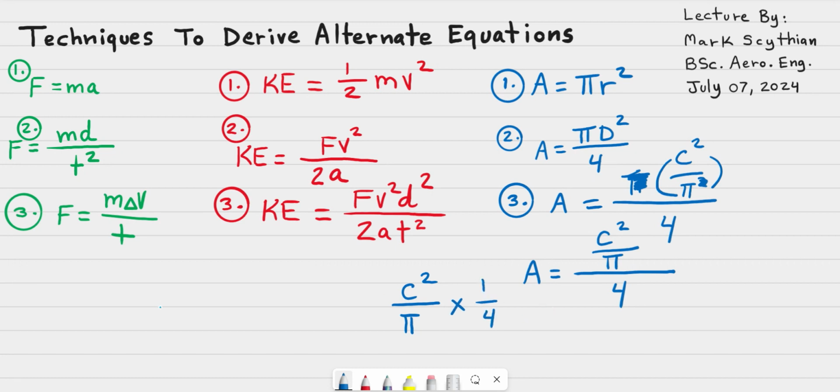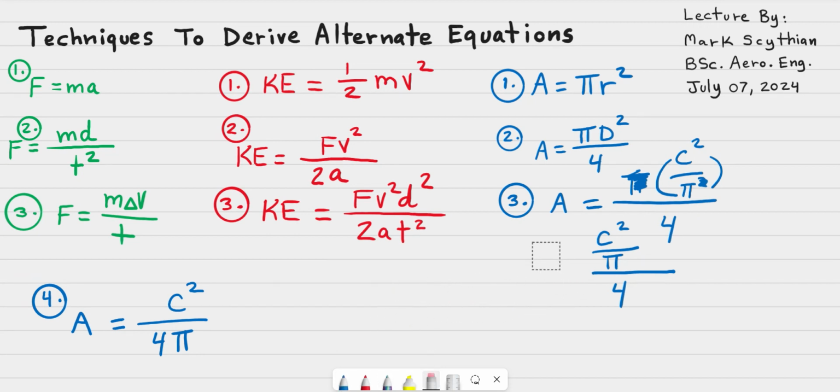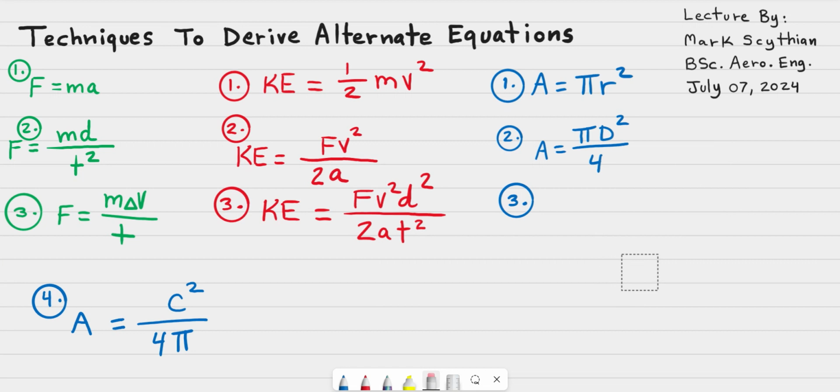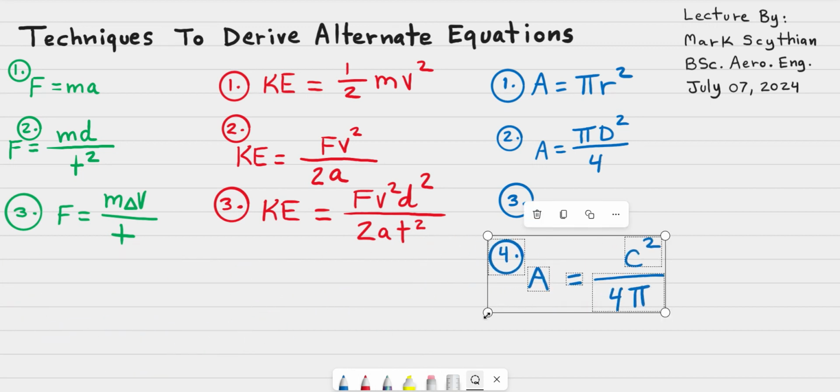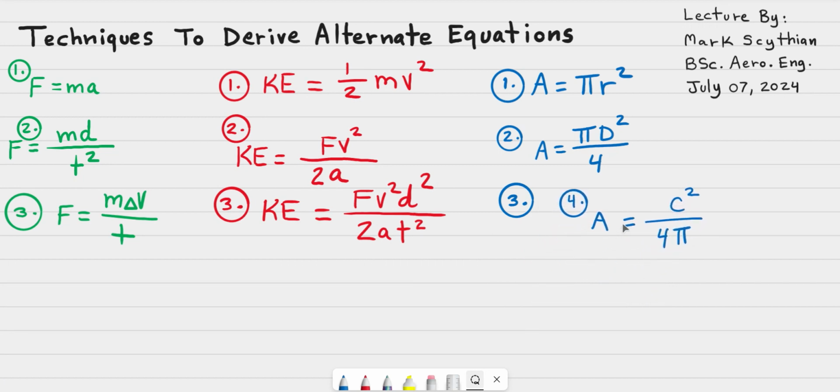So this becomes circumference squared divided into 4 pi, which is also equal to the area of a circle. Call this number 4. Actually, it was part of 3.